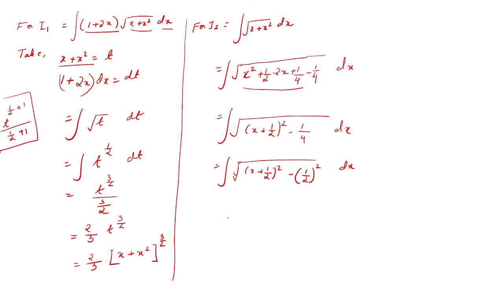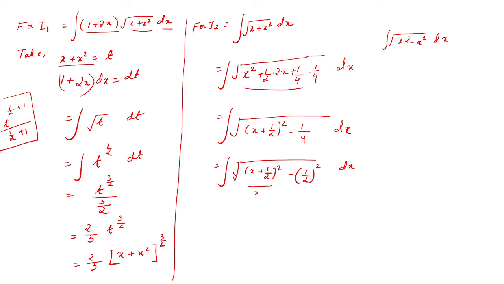Now, if you observe carefully and refer to those 3 equations that I gave you, this is actually in the form of the integration of root over x squared minus a squared. Do you agree or not? It's actually in this form, integration of x squared, where our x is x plus half the whole thing squared.